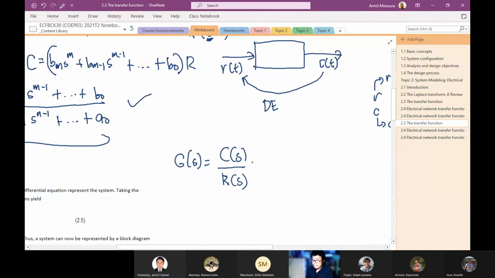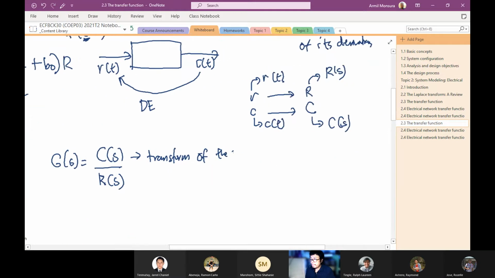Okay. C of S is actually the transform of the output. Okay? The transform of the output of your system.